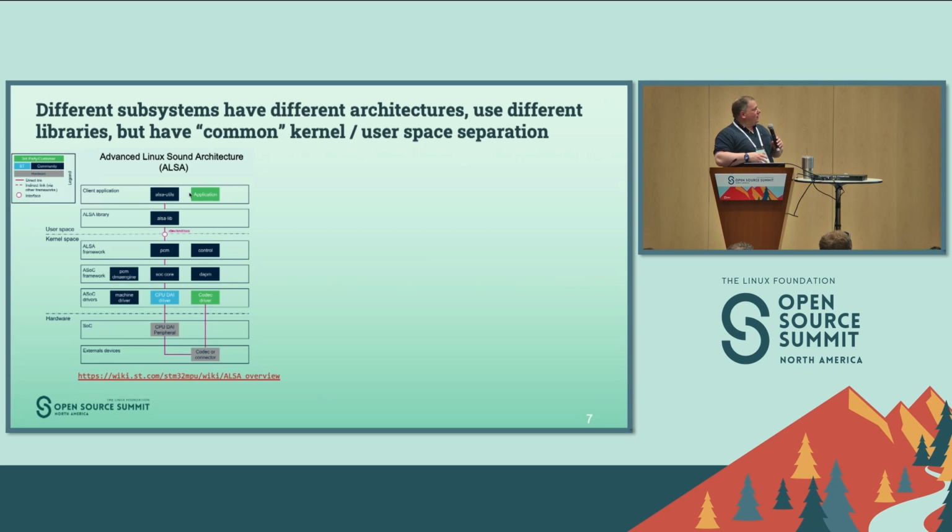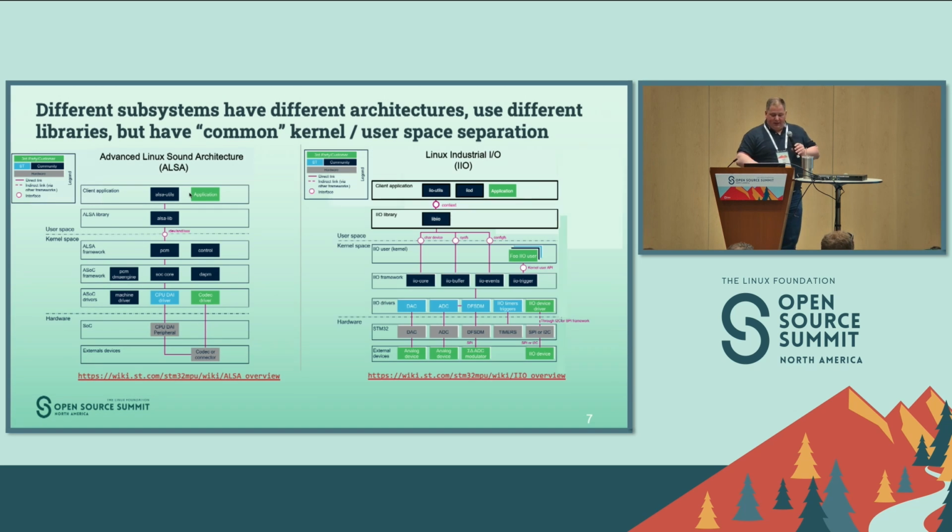And IIO is a very similar kind of stack where you have different types of hardware and different buses: I2C, SPI, a variety of things depending on how your sensor's connected, even USB. But as you go up the layers, it looks very close to the audio stack, even with a libIIO at the top layer.